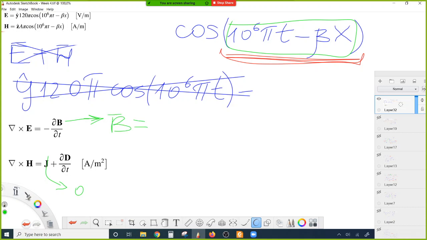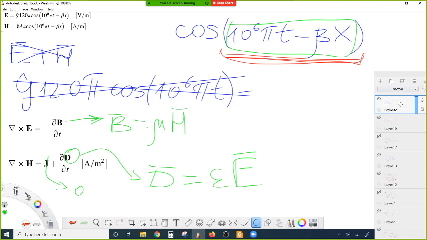B is simply mu multiplied by H. What about D? Electric flux density is epsilon multiplied by E.